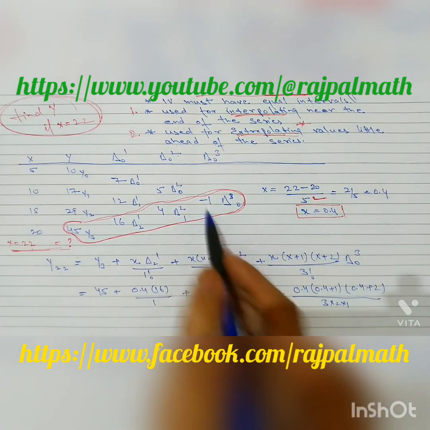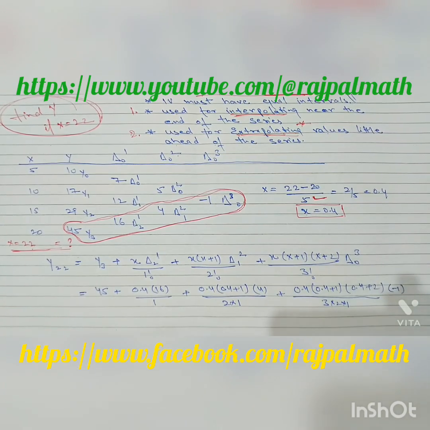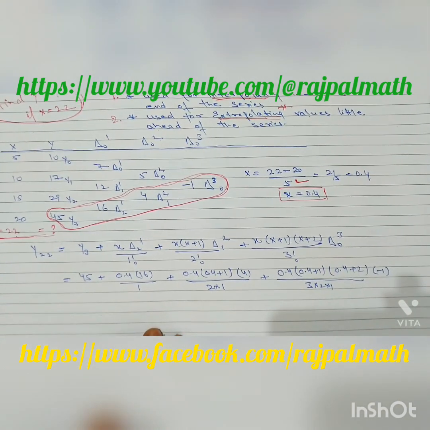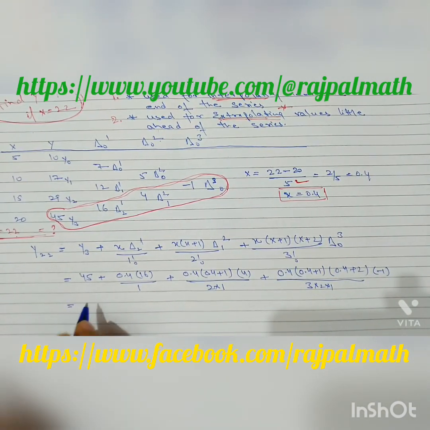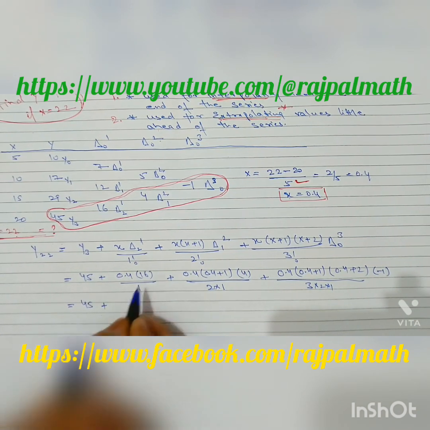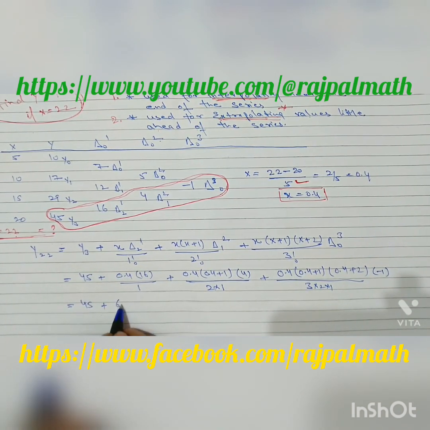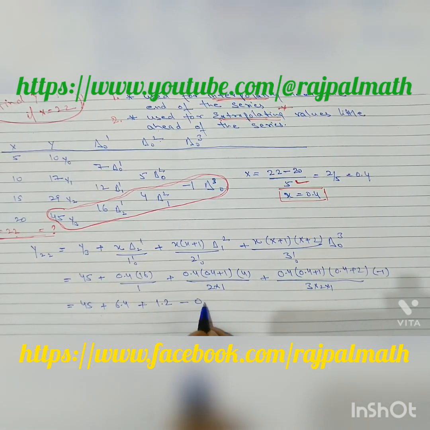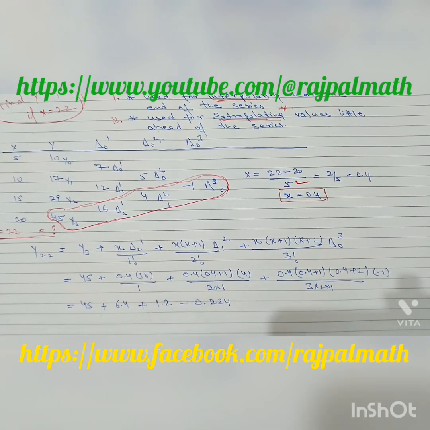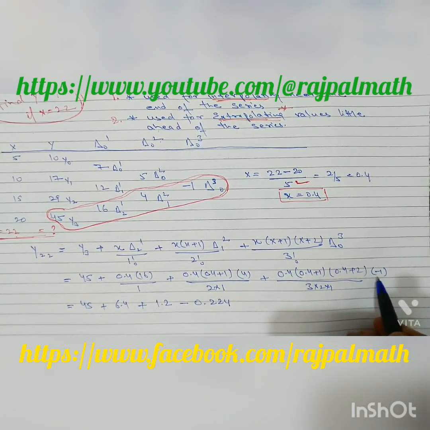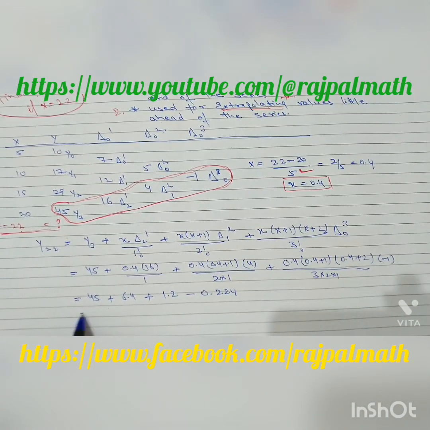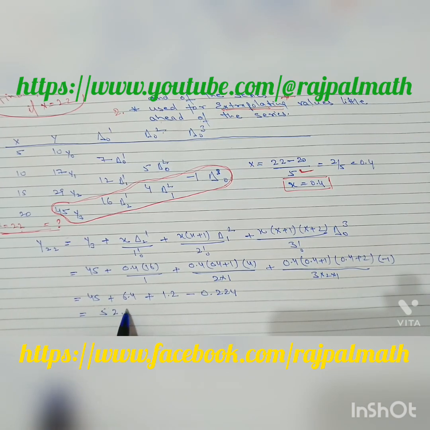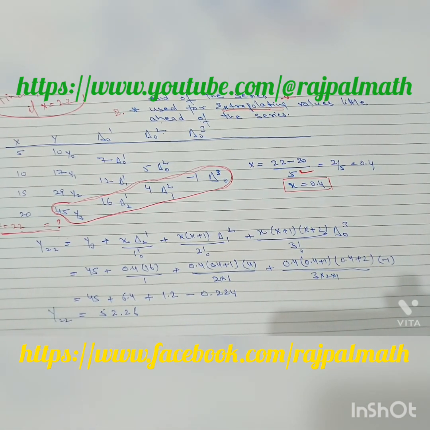Delta naught 3 is minus 1, multiplied by minus 1. Now by calculating all this, we get 45 plus 6.4 plus 1.2 minus 0.224 because minus 1 is there, which equals 52.26. y22 is 52.26.